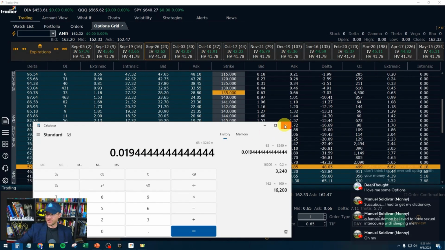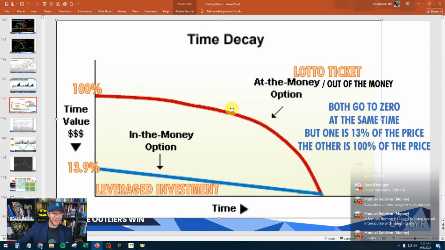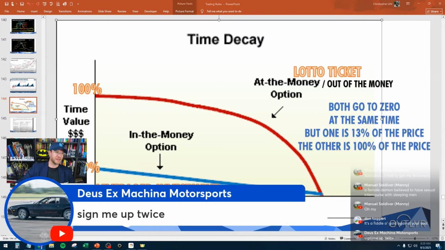Good, my goodness gravy. Okay. You're not going to get paid all of that incredible 1.9% return until the day of expiration. You're going to get a little bit each day, an itty bitty, tiny bitty baby bit each day until expiration, and then you will finally get all of it. Yeah, sign me up twice. Let's go.